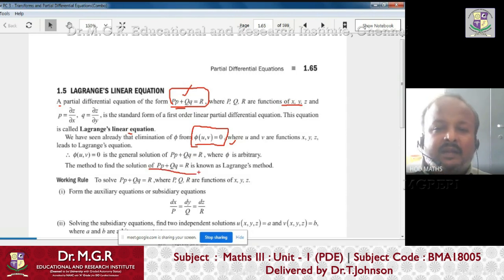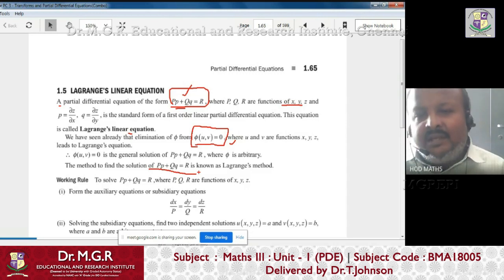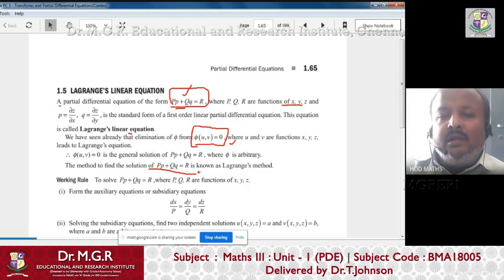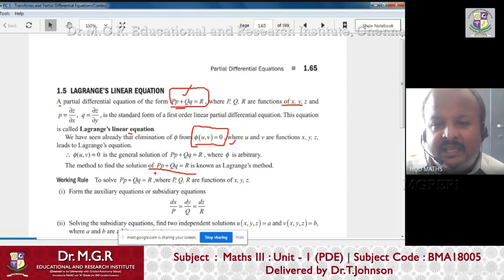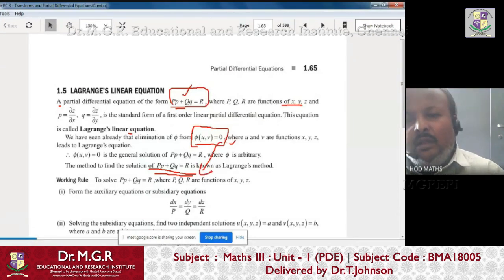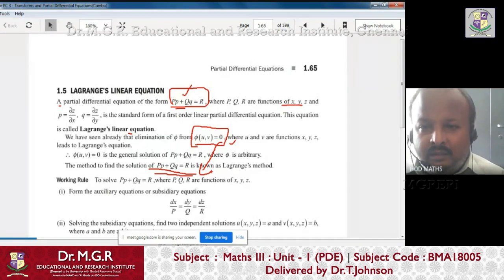Even in the assignment I gave one problem like this: find capital P, capital Q and capital R, and then write the PDE for this equation, that is phi of u comma v.